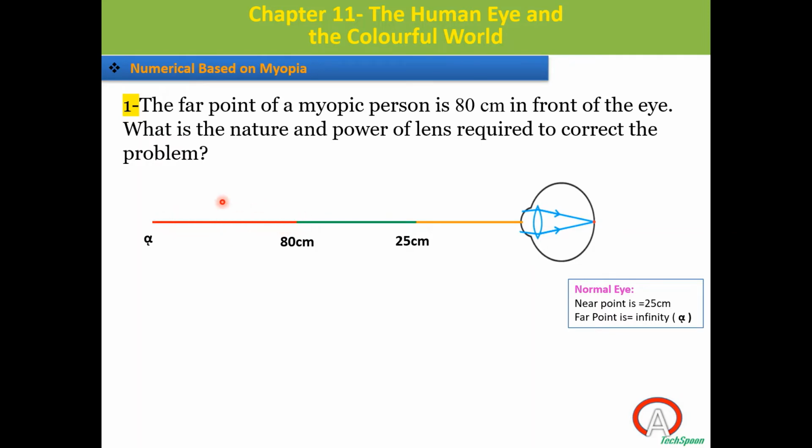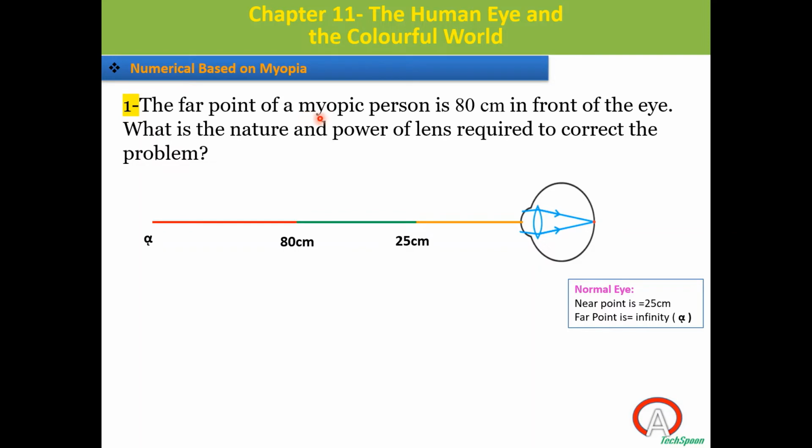I marked it with a red line. So this person cannot see anything after 80 centimeter. That's why we call it myopic. He can see nearby objects from 25 to 80 centimeter clearly, but after 80 centimeter he cannot see. So that's why it is myopic.